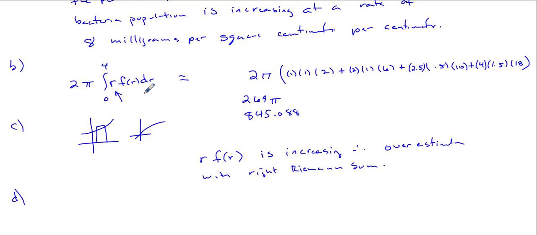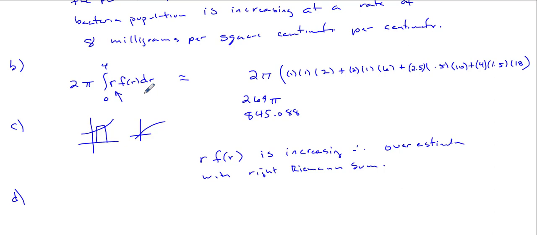The density of bacteria in the petri dish from 1 to 4 is modeled by the function g defined by g of r, and so on. For what value of k is g of k equal to the average value? Well, what is the average value of g of r? How would you find that?